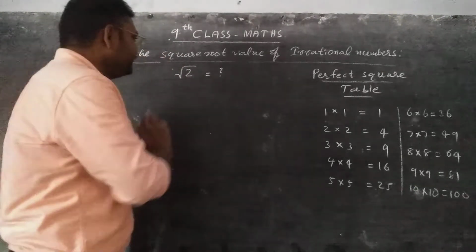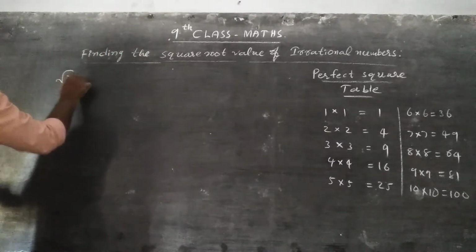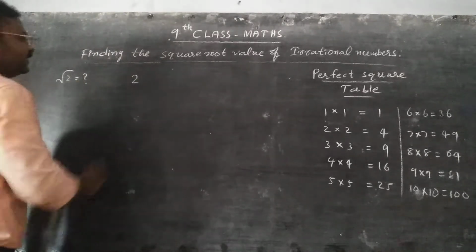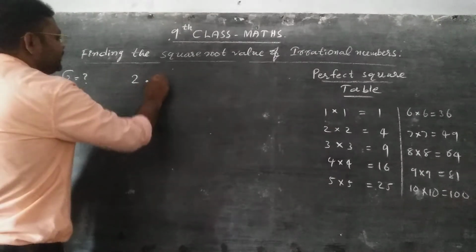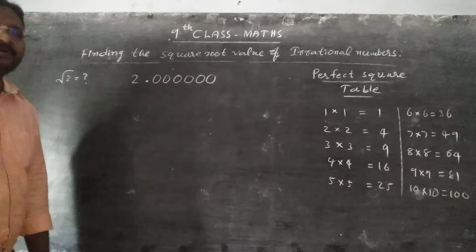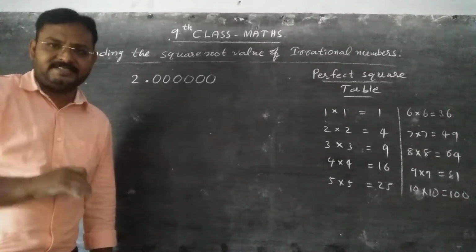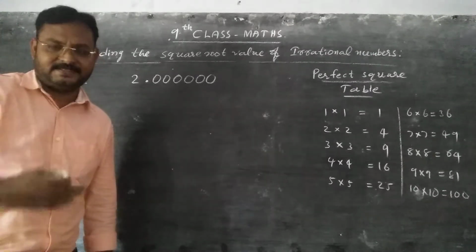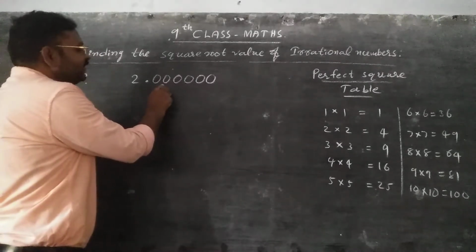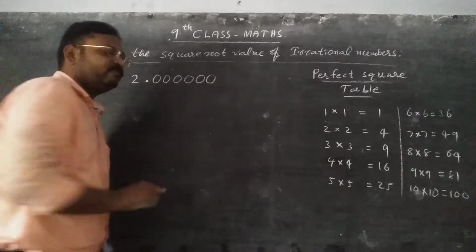After that you try to find the square root value of 2. So how do we find it? For this you take the number 2, keep a decimal point and write 6 zeros after it. These 6 zeros represent 3 decimal places, because every two zeros will take one digit.